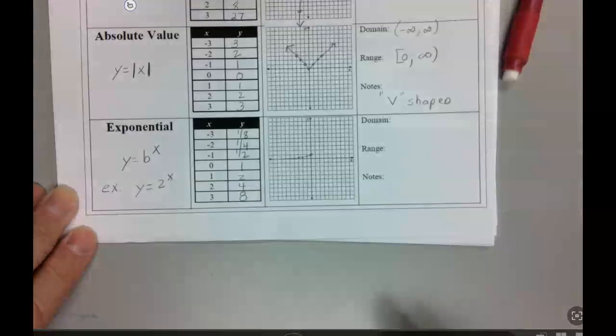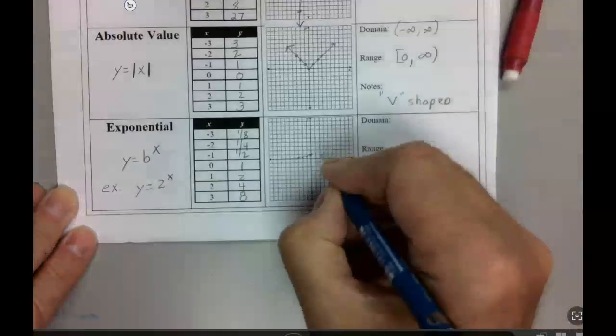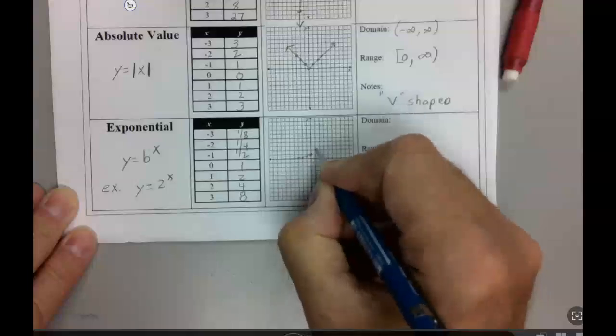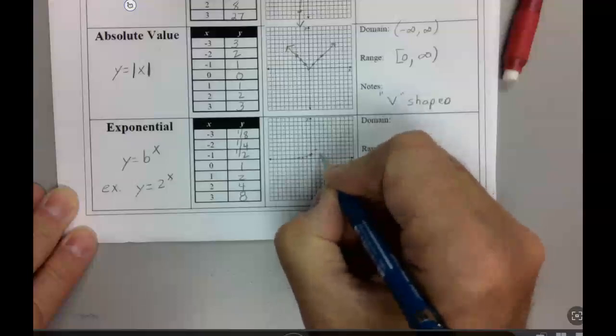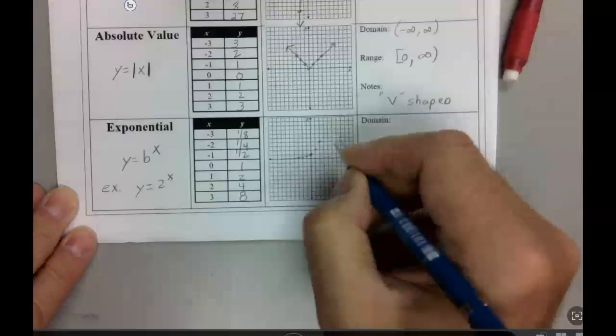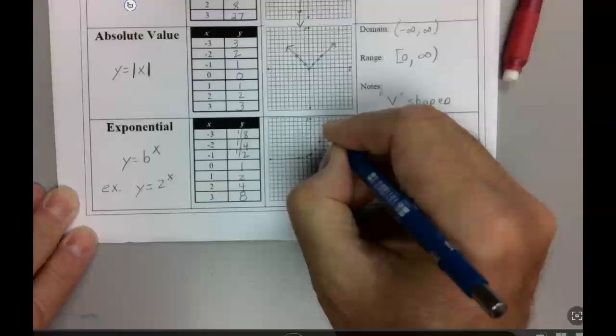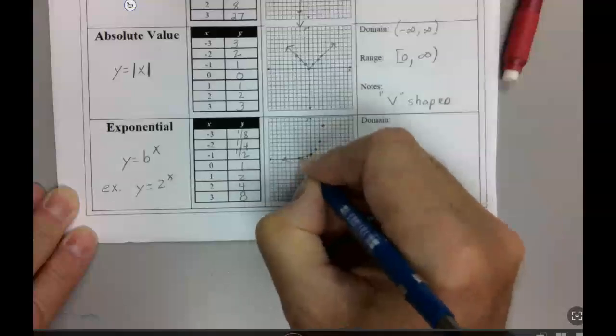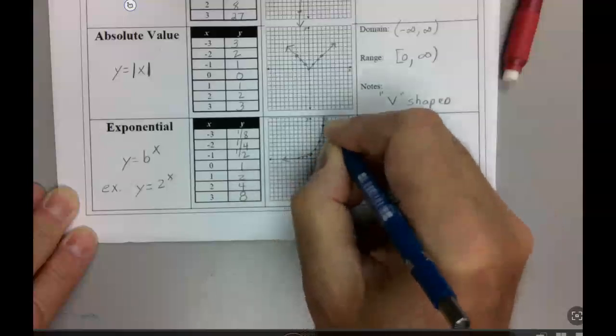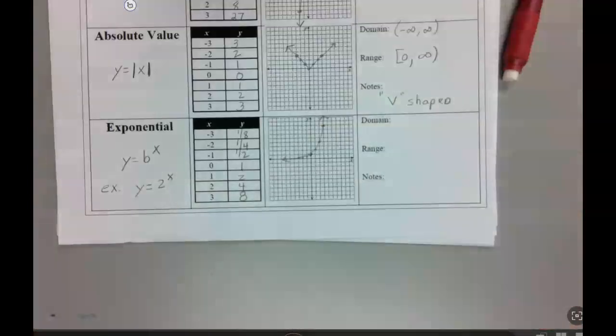No, it will not. Then we put 1, 2, 2, 4, 3, 8. So it looks like this. It's increasing from left to right.